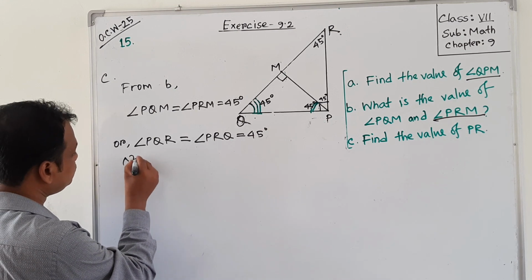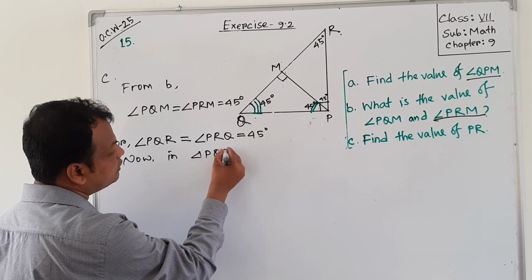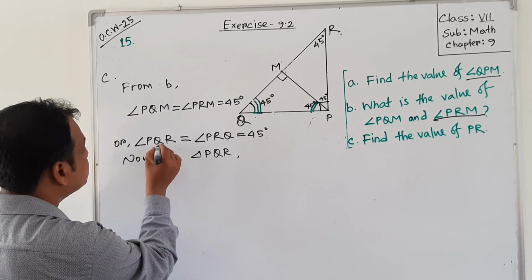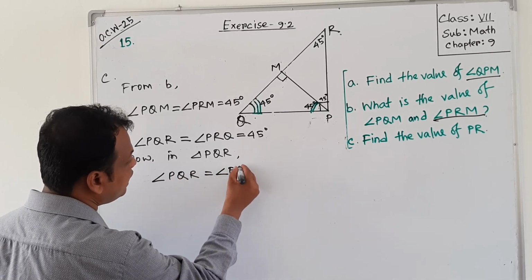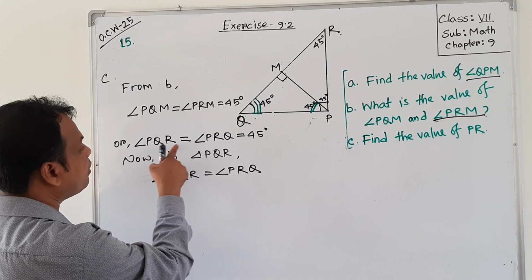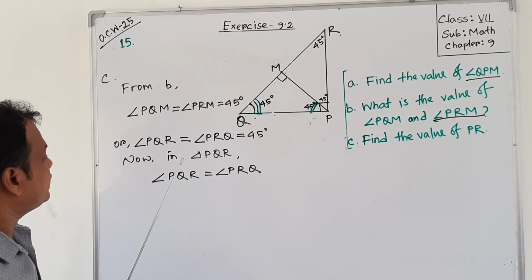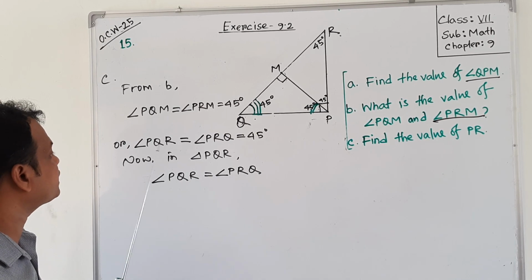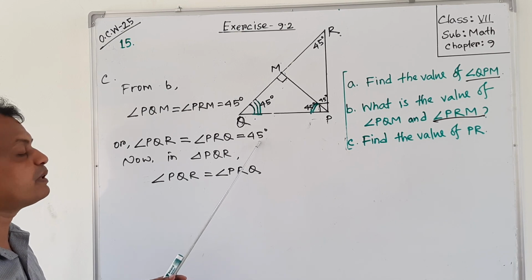Now, in triangle PQR, we can tell angle PQR equals angle PRQ. From the first part we have got it, from this information, because each angle's value is 45 degrees.